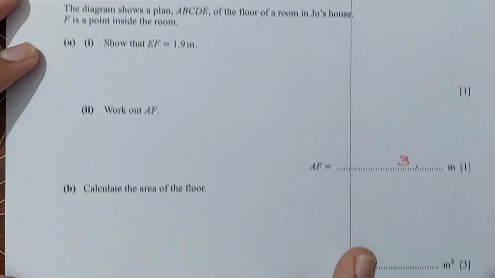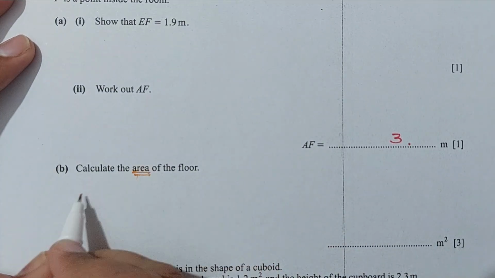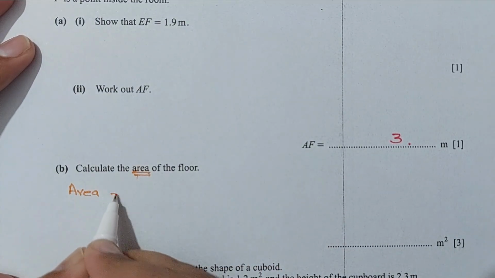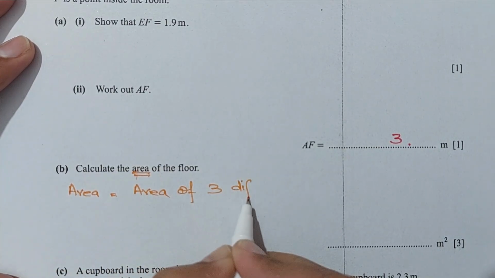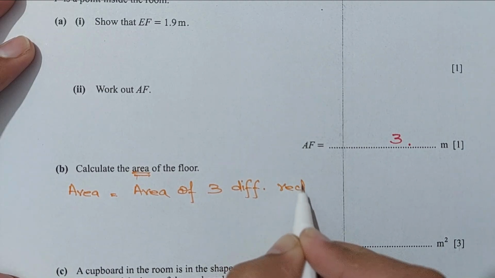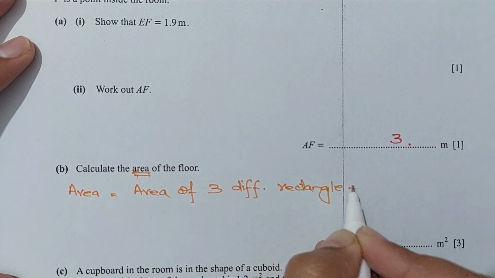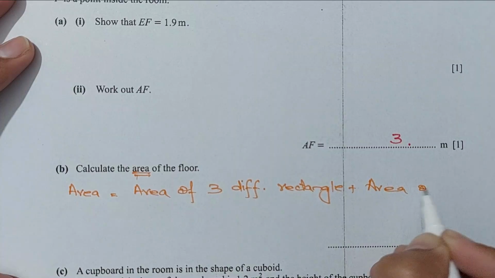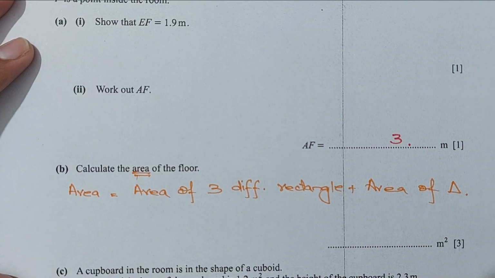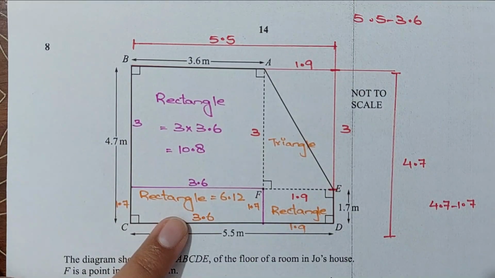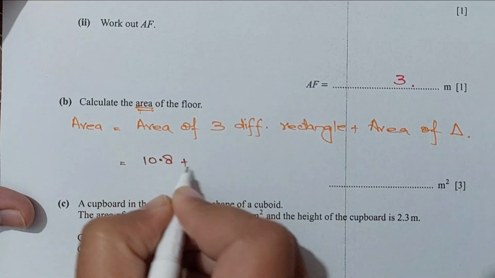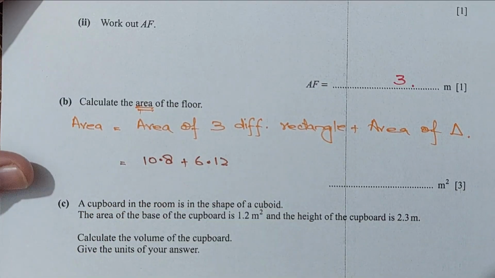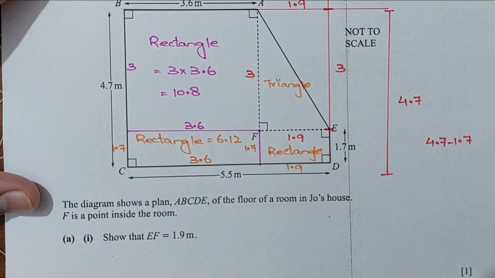So the area of the floor is equal to the area of three different rectangles plus the area of the triangle. The first rectangle area is 10.8, this rectangle is 6.12, and the smaller is 1.9 and 1.7.